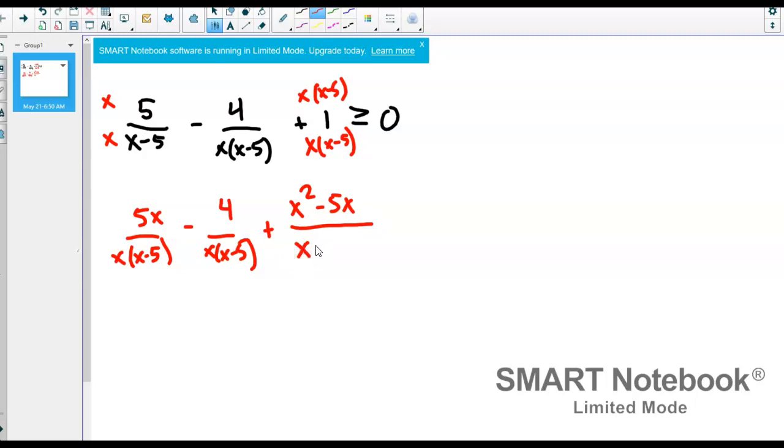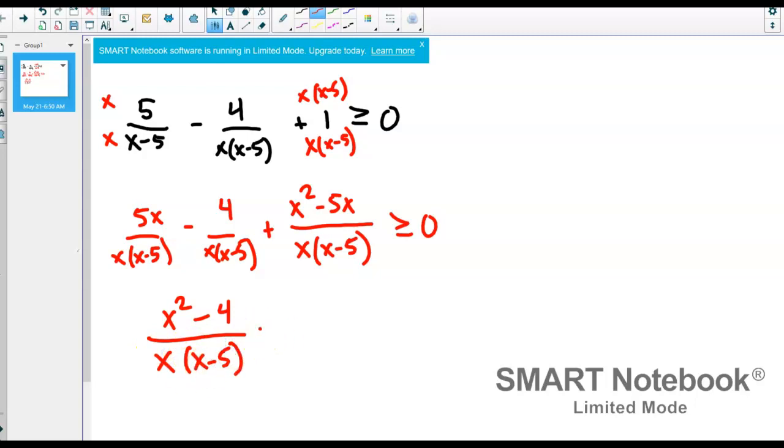And then I can combine these numerators. When I do that, I'm going to get x squared, and then my 5x's go away, so I don't have any x term, and then I have this minus 4 here, and then that's all over x times x minus 5, and then greater than or equal to 0.